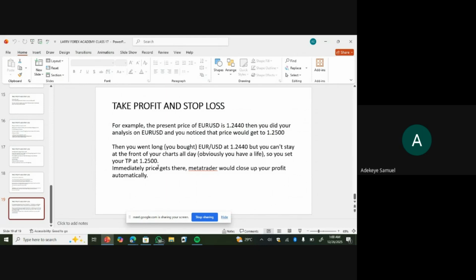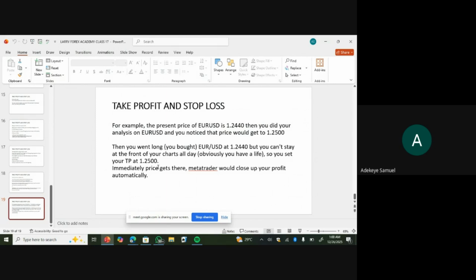Then you went long, you bought Euro USD at 1.2440, but you can't stay in front of your chart because obviously you have a life. So you set your take profit at 1.2500. I just explained that. So immediately the price gets there, it closes your profit automatically for you. That is just it.